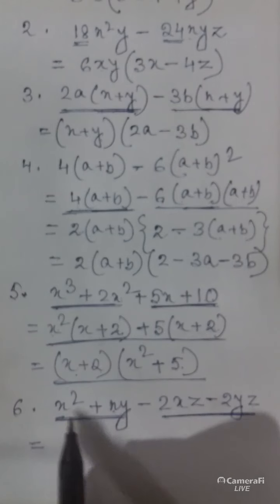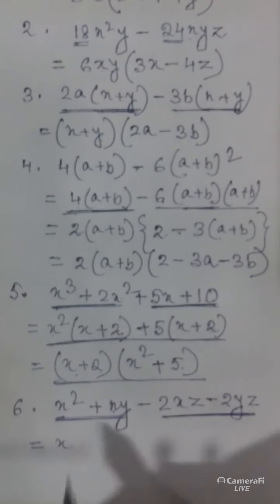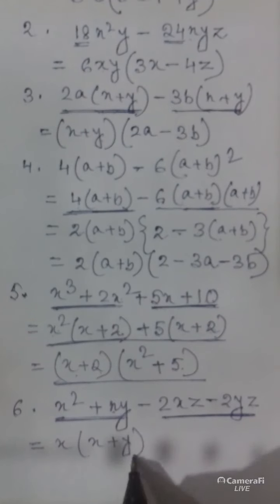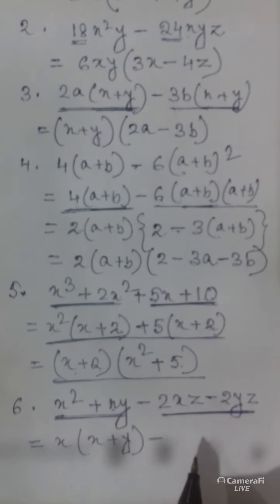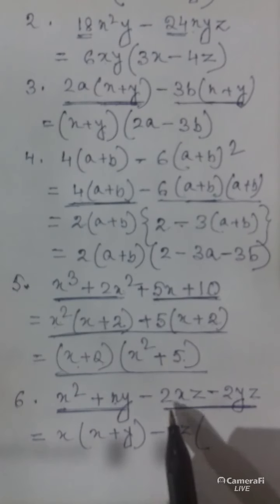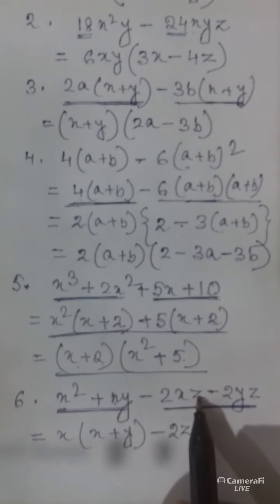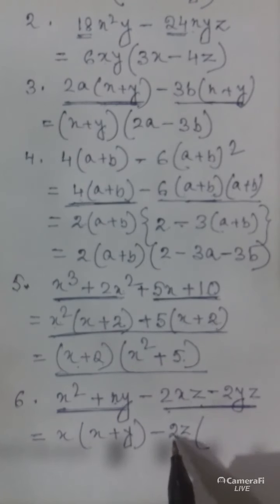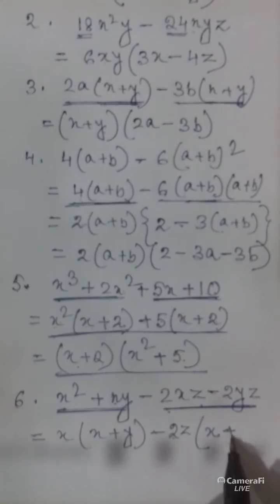In the first group x square plus xy, x is common, then x plus y is left. Minus, 2z is common; here 2xz, here 2yz. So 2z is common, then x is left, minus minus plus y.